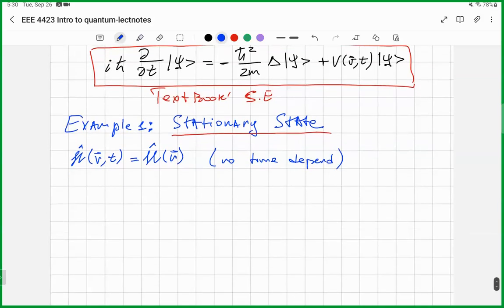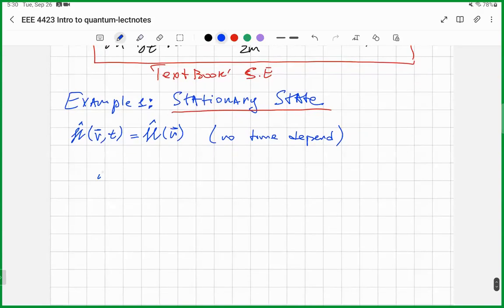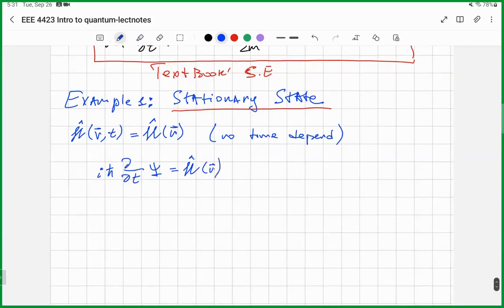So in this case, writing down the Schrodinger equation, for now I'm going to use the classical psi state representation without ket and bra notation, because in this case it's more tidy. So let's write it like this. This is our psi state, but without the Dirac notation, equal to the Hamiltonian function of r acting on psi.